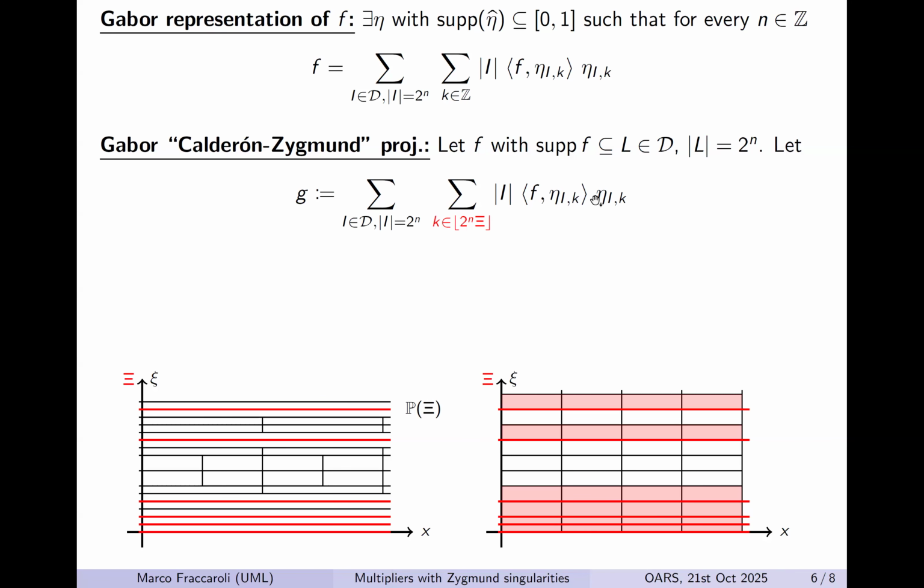We are going to look at the set of singularities psi and rescale it according to the scale of L. Then we consider the summands of the Gabor representation of the function, not all of them, but only the ones that correspond to k that belongs to this specific set of modulations. So G is obtained from the same coefficients of the Gabor representation of F, but taking only some of them.